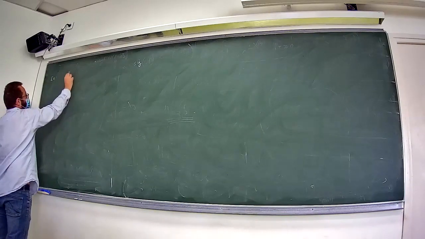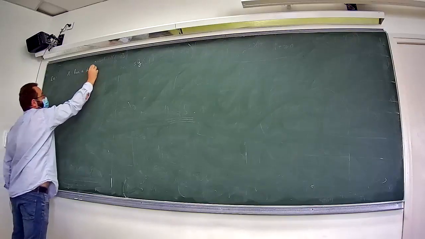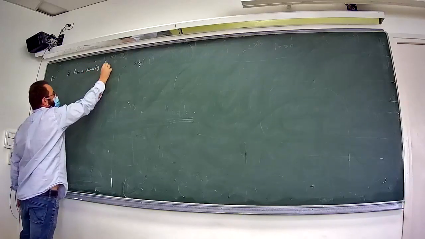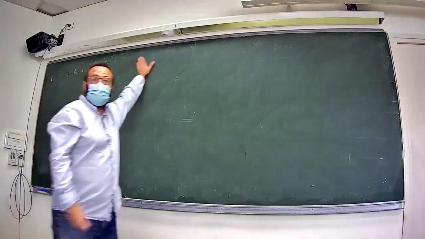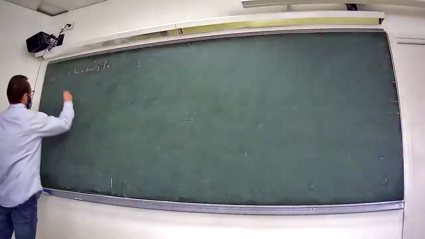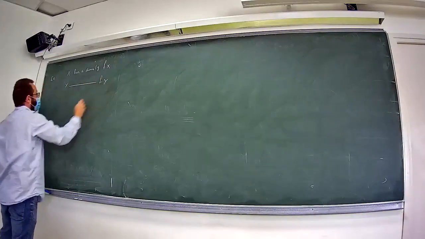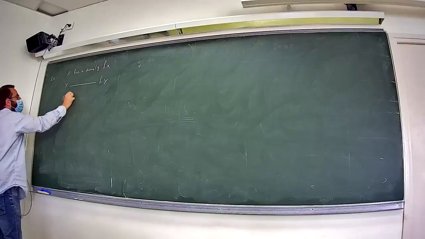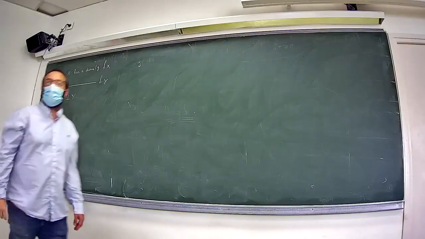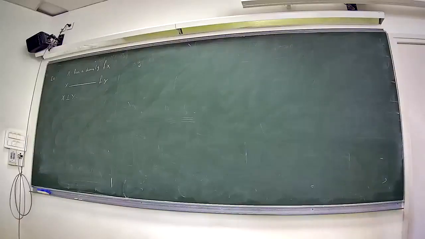That X has a density that is denoted by f capital X. Density in the previous sense, for a single random variable. I suppose that the same holds for Y. And I suppose them to be independent. Why not? It's my example. So suppose that they are independent.